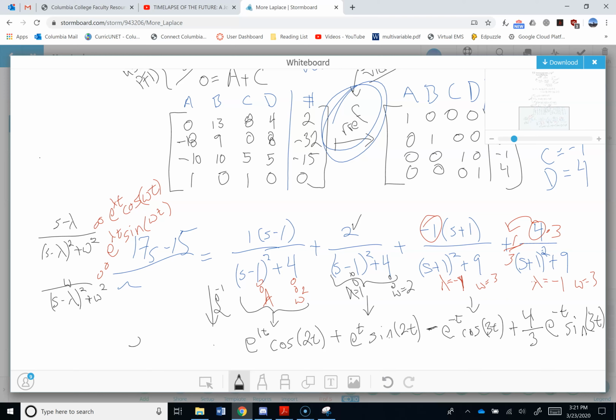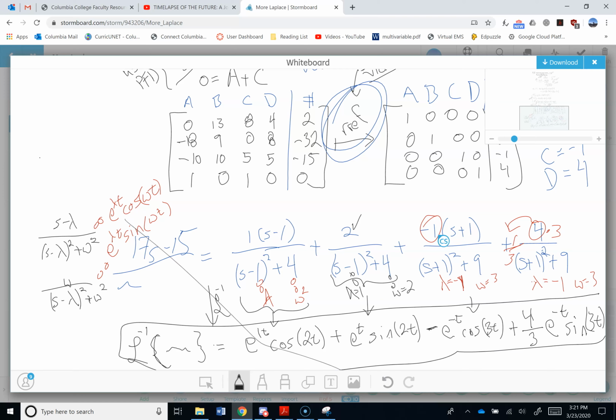And that is the Laplace inverse of the stuff I started with. Does that make sense? That is a kind of super involved problem. Thank you, Glenn. Yeah, that was crazy. I understand PFDs now. Cool.